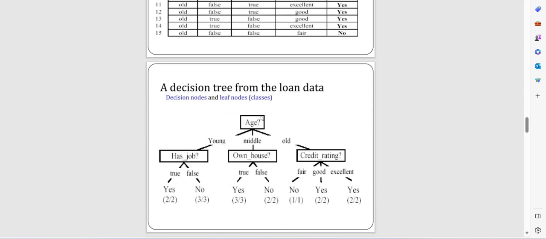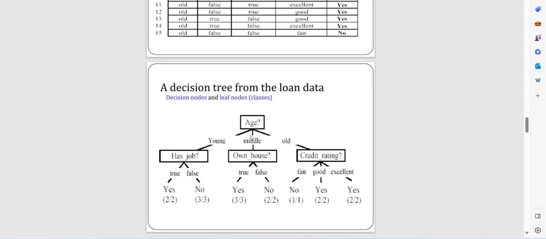A person of young age is split into two branches: if he has a job it's true, if he doesn't have a job it's false. The total number of true is two, so 2 by 2, and there are three false, so 3 by 3.